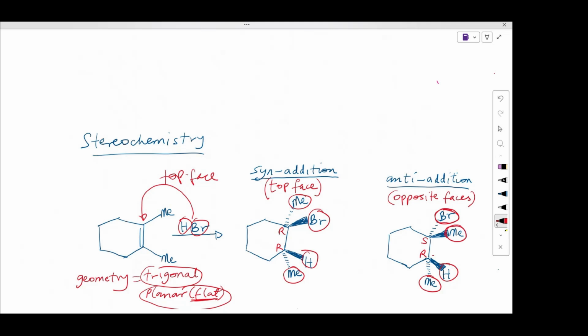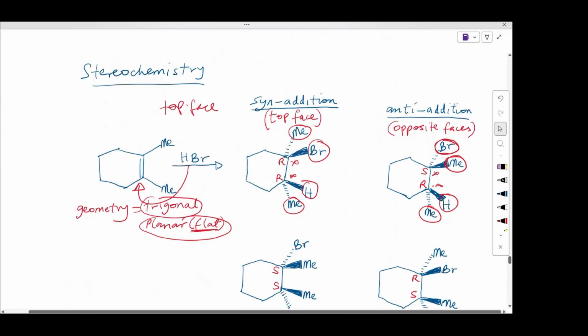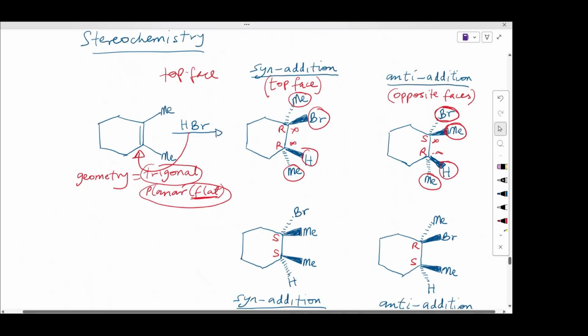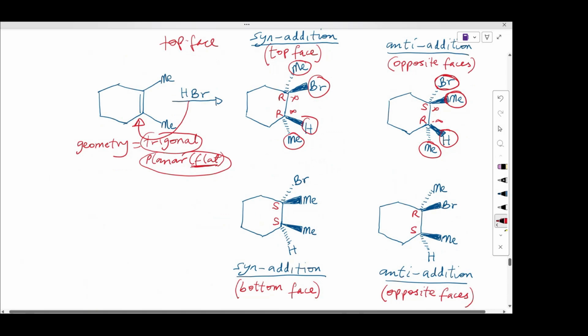Notice that we form two chiral centers in this molecule. Also, the hydrogen bromide can also add from the bottom face. If that happens, that means the hydrogen and the bromine will be placed on dash bonds. Automatically, these two methyl groups will adopt the wedge stereochemistry.